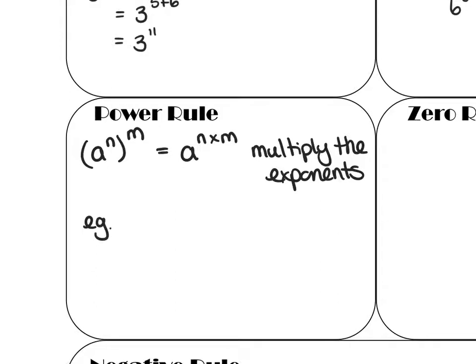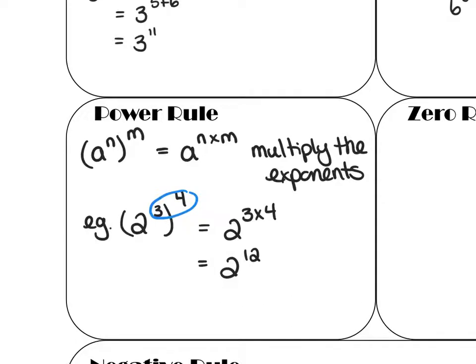For example, let's say we had 2 to the 3 to the 4. All you're going to do is take these two exponents here and multiply them. So 3 times 4 makes it 2 to the 12.